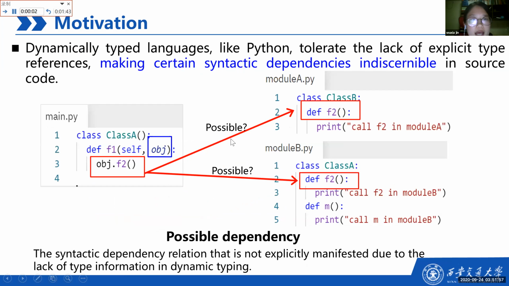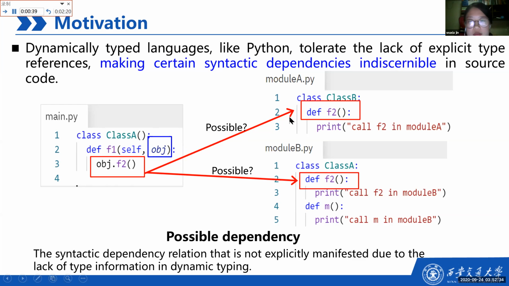However, dynamically typed languages like Python tolerate the lack of explicit type references, making certain syntactic dependencies indiscernible in source code. For example, the f1 method has a parameter named object, but the type of object is lacking, so we cannot determine which f2 method will be called by f1 without running this code.